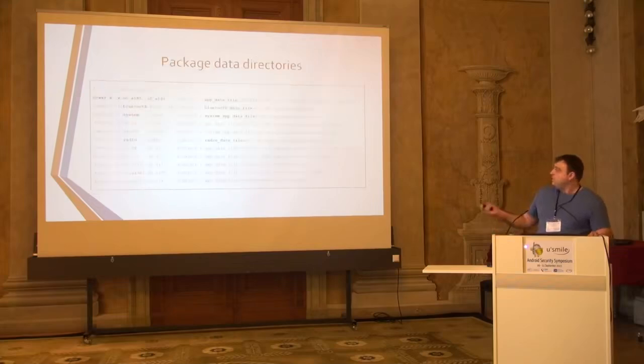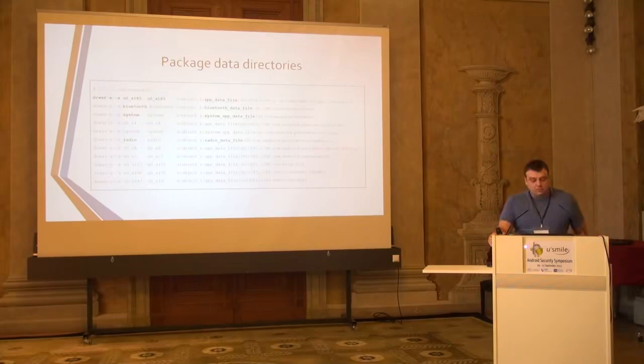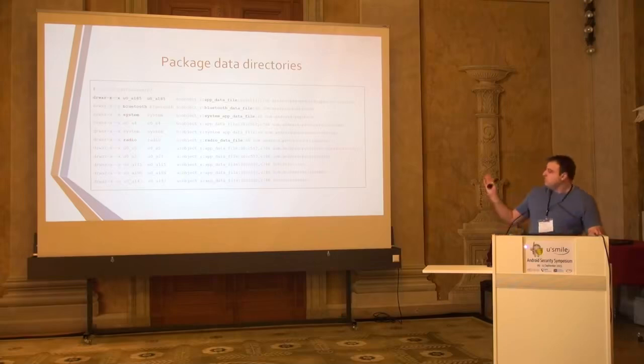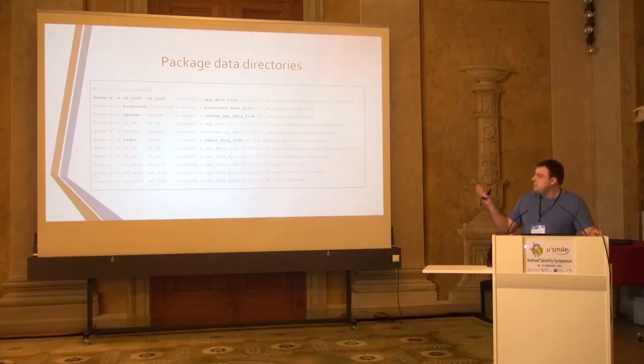And if we look into the data directory, what we see is that there are multiple directories, one for each installed application. The important thing to note here, which I've tried to highlight, is that each directory has a separate user and group.